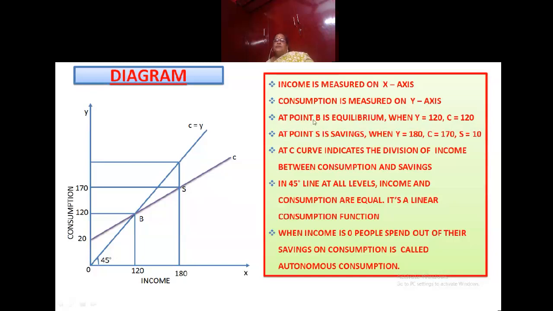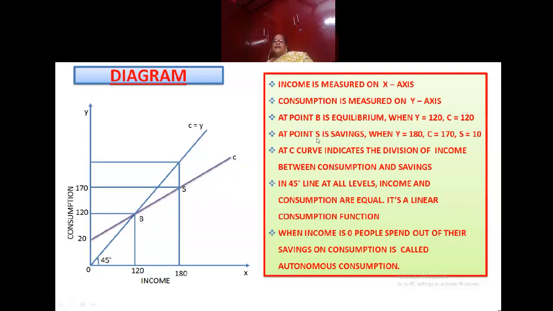At point B is equilibrium, when Y is 120, C is 120. This is the y-axis, this is the x-axis. 120, 120, this is point B. Okay? Equilibrium, that is, consumption and income are equal.